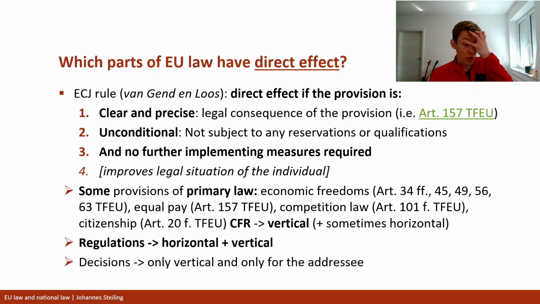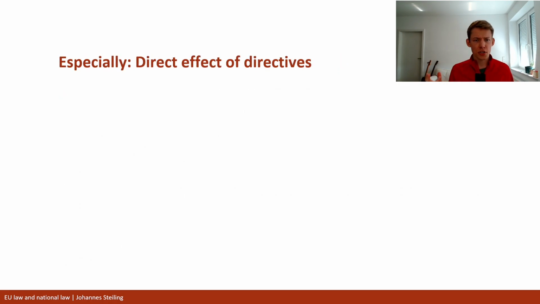And now we get to our main issue, because we have now discussed direct effect of primary law and of regulations. For regulations, there's no problem generally, but direct effect of directives is a huge legal issue in EU law. And we understand why, right? Because we talked about the directive and the need for implementation.